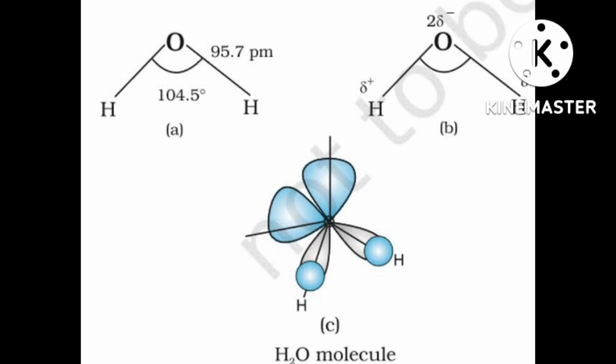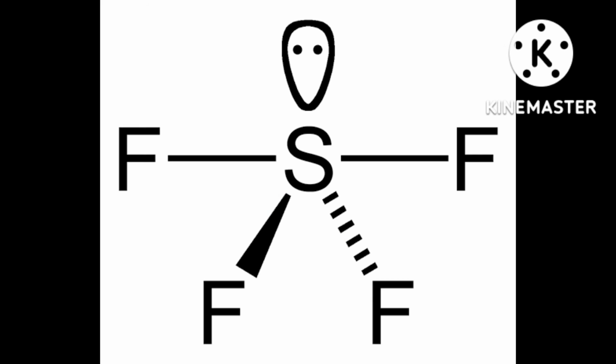That is the difference between the two structures. In the first, the lone pair is at the axial position and there are 3 lone pair-bond pair repulsions, but in the other the lone pair is at the equatorial position and there are 2 lone pair-bond pair repulsions. This is the only difference.